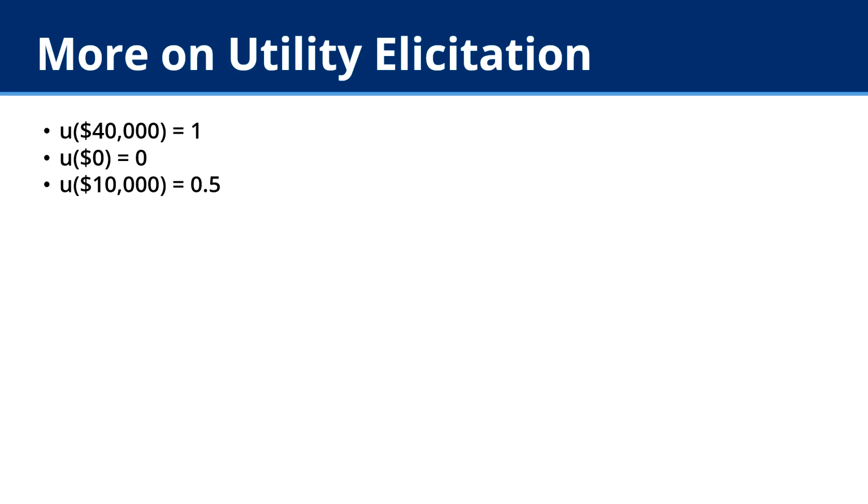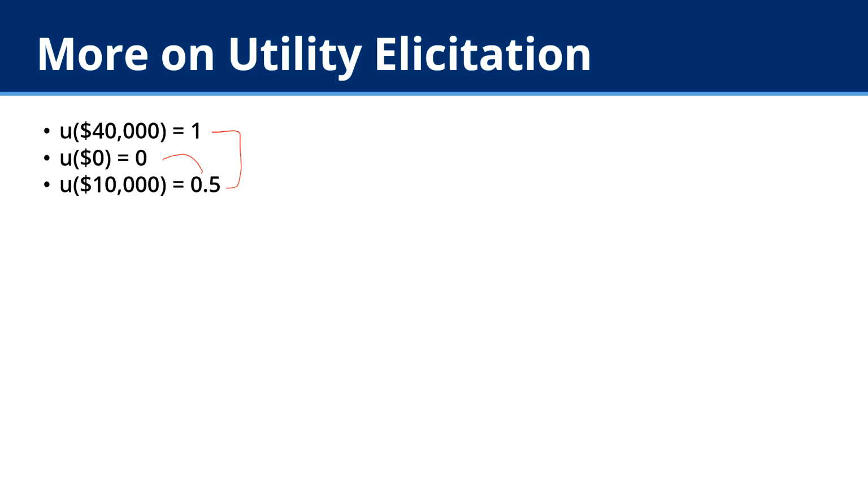For example, there's got to be some utility value between 0.5 and 1 for values between $10,000 and $40,000, and the responses will tell us what the shape of this utility curve is going to look like. After that, we can figure out the values between 0 and 0.5 by looking at lotteries between $0 and $10,000. Okay, let me give you an example.